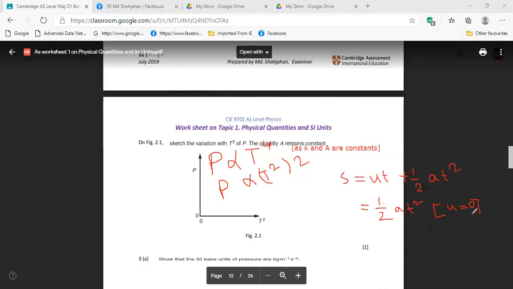In M1 we have done this. Okay. So after this, if I say there is constant acceleration and half is already constant, then you can write this equation as s is directly proportional to t square. Can we write this way? Yes, sir. We can write it, if a is constant, right?